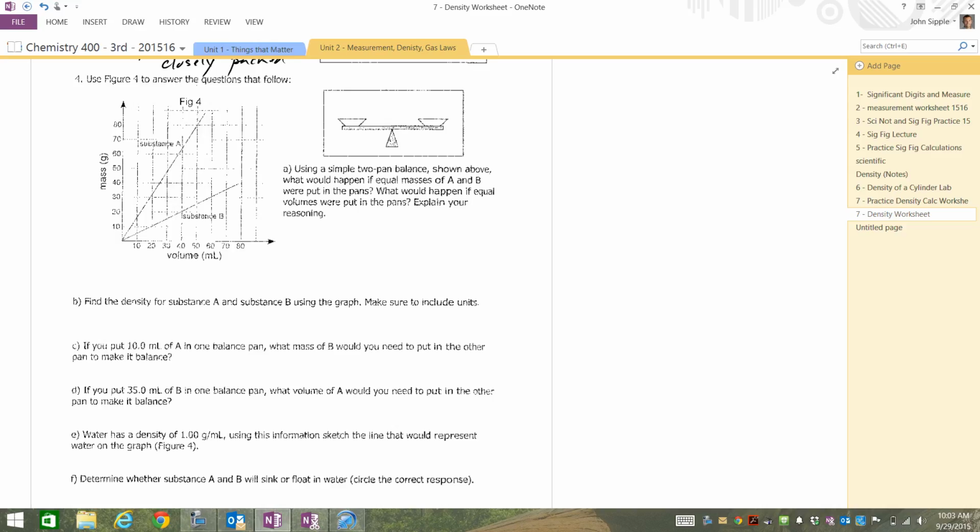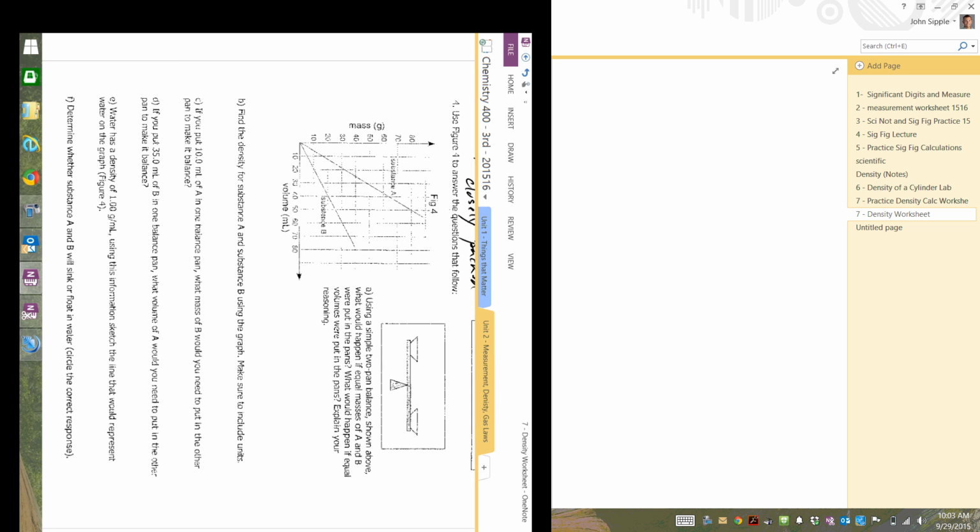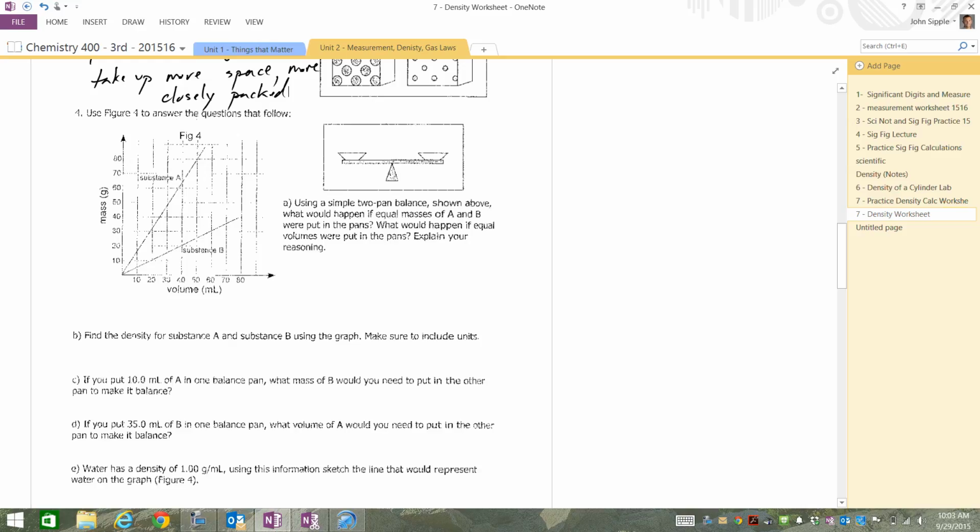They want us to start with the balance, and if we put equal masses on the balance, what do we expect to happen? Oops. Stay there. There we go. Okay, put equal masses of A and B on the pan. So here we got A and B. We put equal masses on there. What do we expect to happen with the balance?